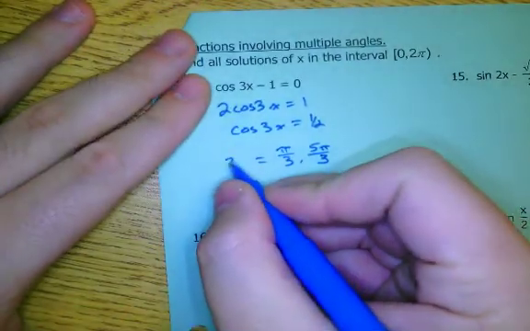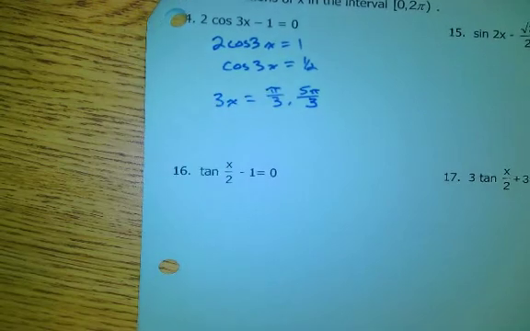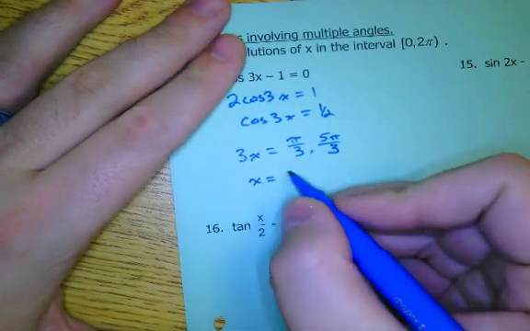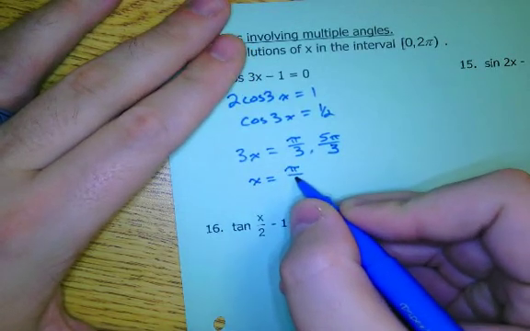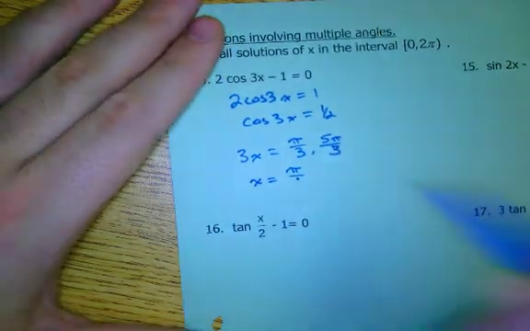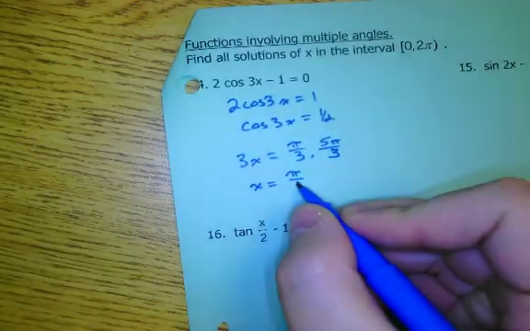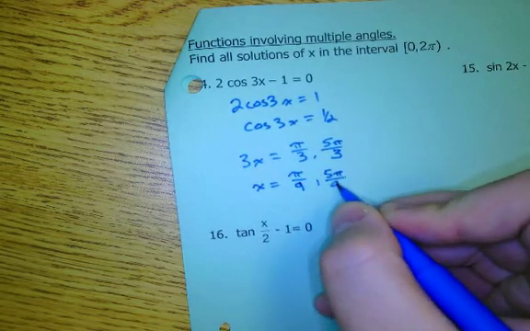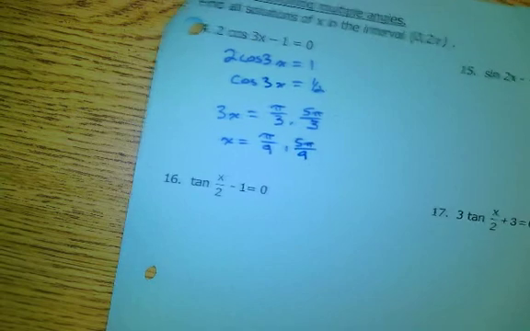So divide all these by 3. When I divide all these by 3, I'm going to get... multiplying by 1/3 is the same thing as divided by 3. So you're going to get pi over 9 and 5 pi over 9. Okay, there is more. I'm just trying to get us to right here.